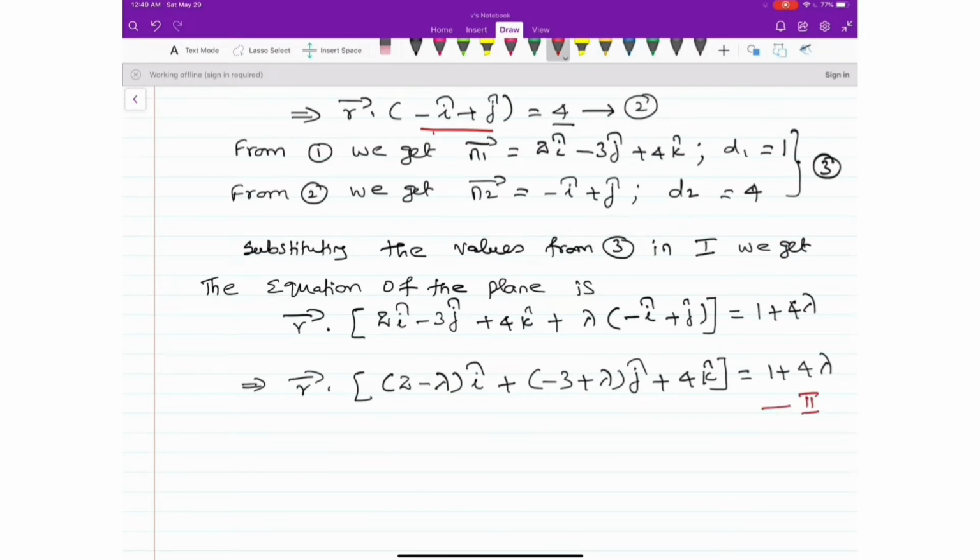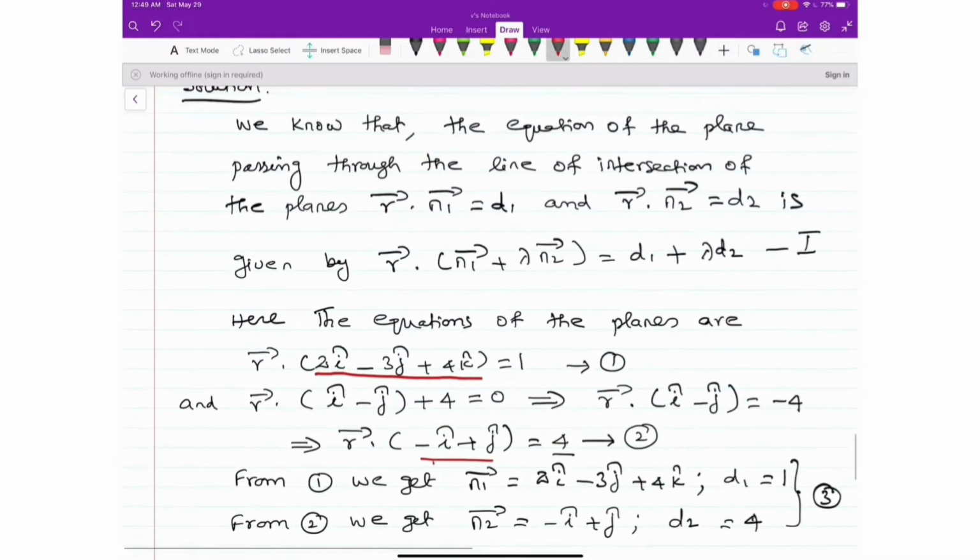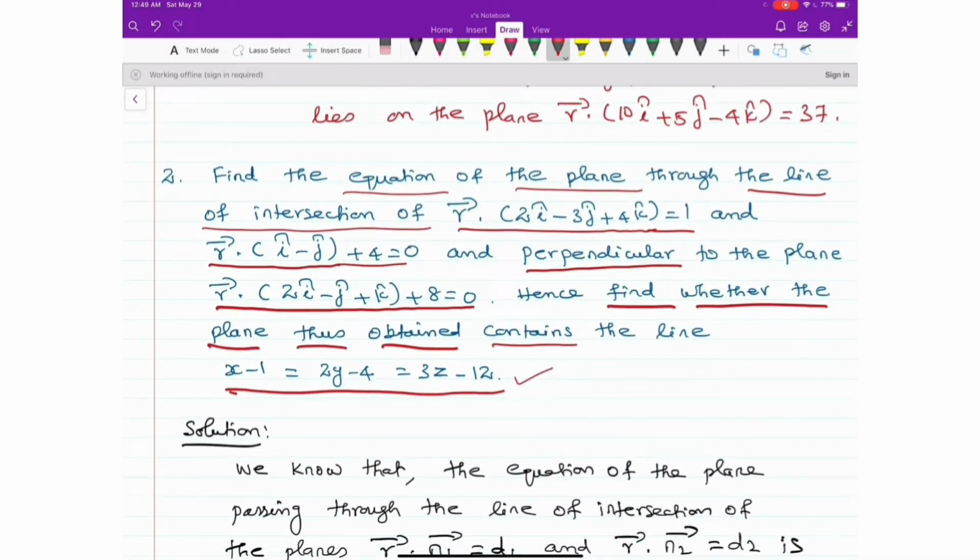But what is given? This plane 2 is perpendicular to vector r dot (2i cap minus j cap plus k cap) plus 8 equal to 0. That is what is given to us.